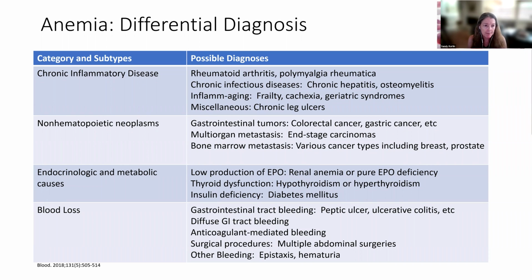Some of the other plausible explanations for anemia can include a number of different diseases. And I won't go through all of this in great detail, but it's important to know how many different possible alternative etiologies there might be to anemia. So outside of true bone marrow disorders or cancers, there are a number of diagnoses that play a role and can be associated with anemia.